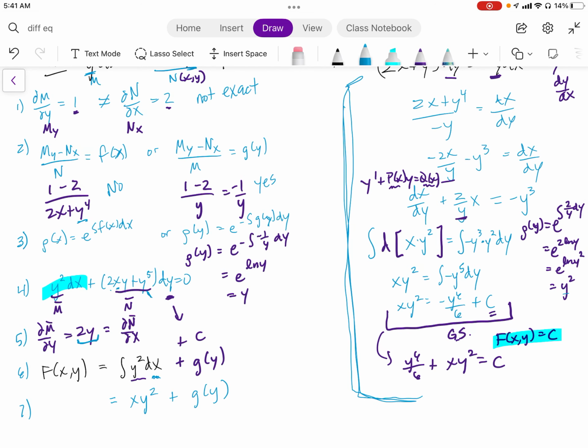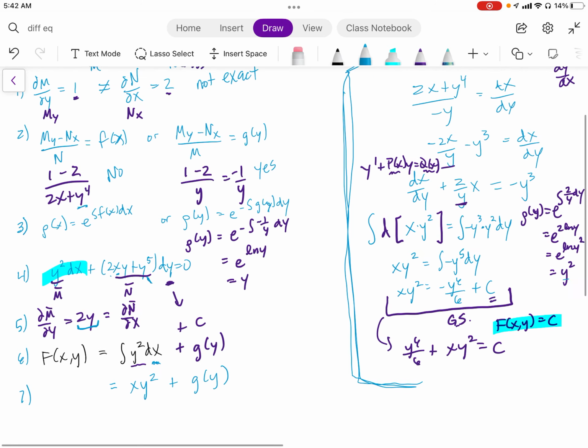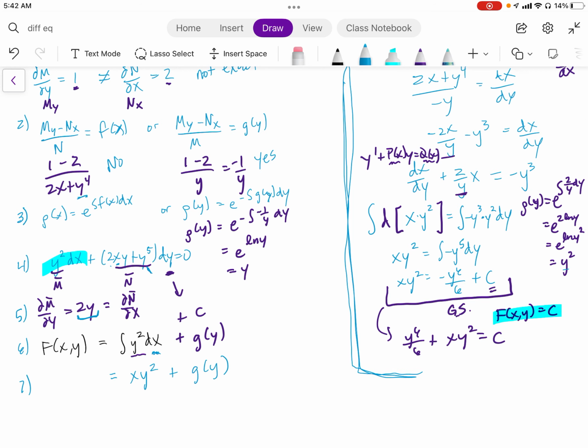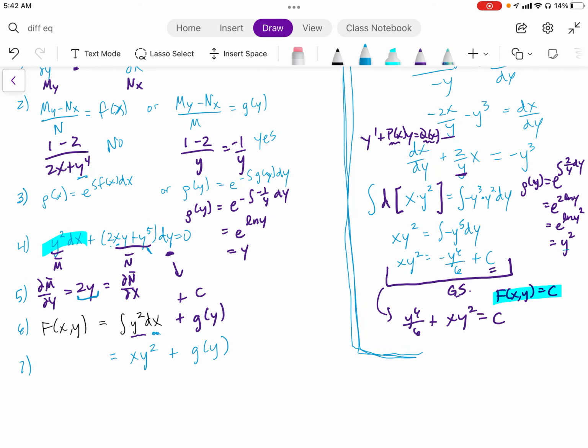Let me gather my notes really quick. N bar, which we said is 2xy plus y to the 5th. Oh, yeah, okay, I see. All right, so we know that this is f, but I know that if I took the derivative with respect to x, I would get N bar. So that's what we're looking at.